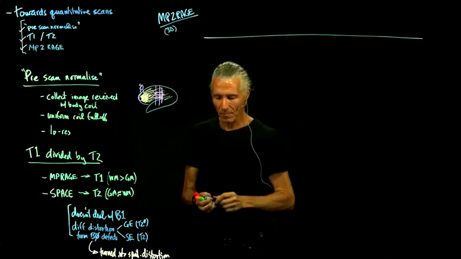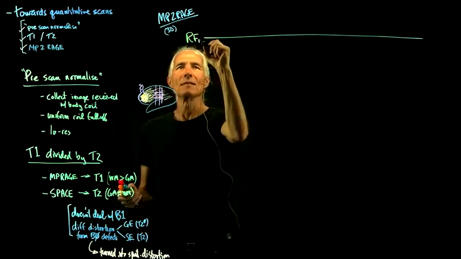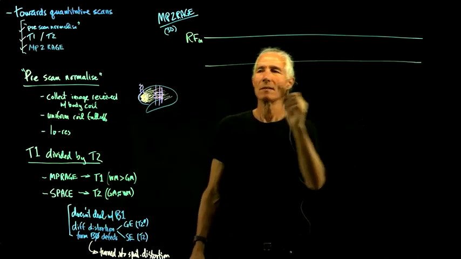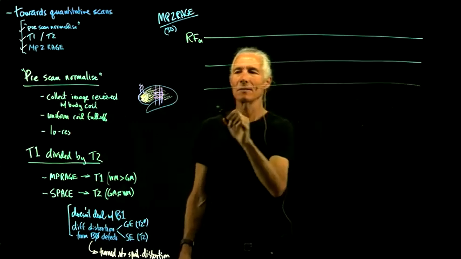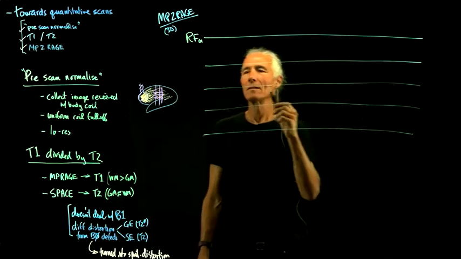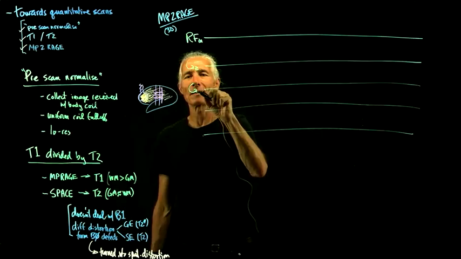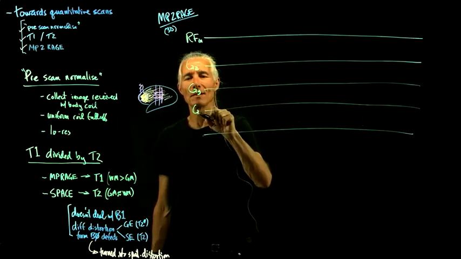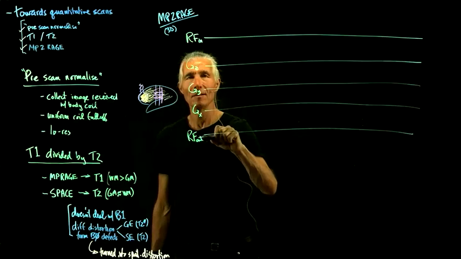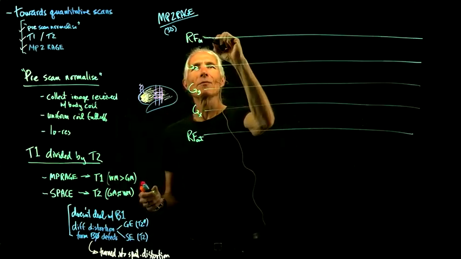So the first thing is the RF in, and here are the three gradients, and here's the signal coming out. So gradient, like the slice direction, and the phase encode direction, and the readout direction, and the signal that comes out.